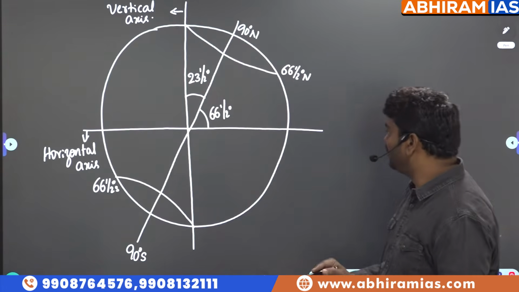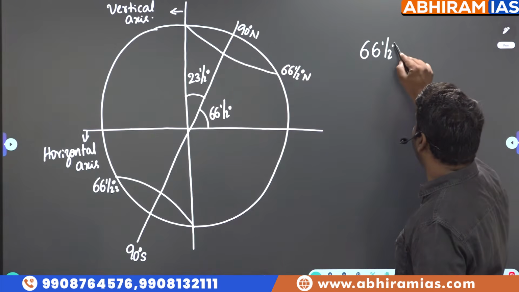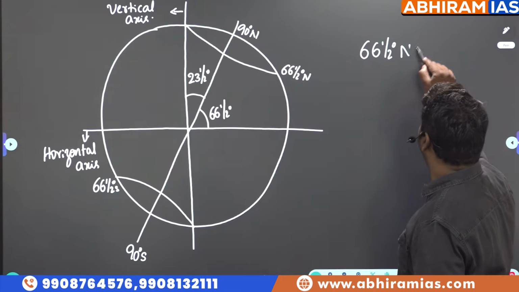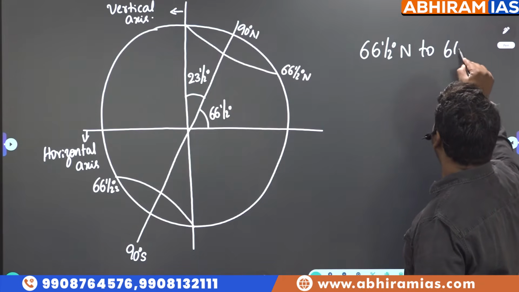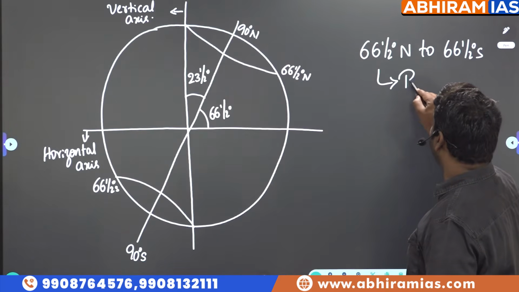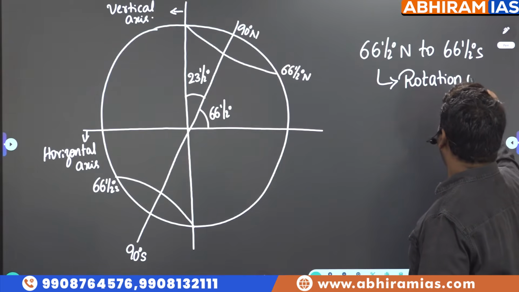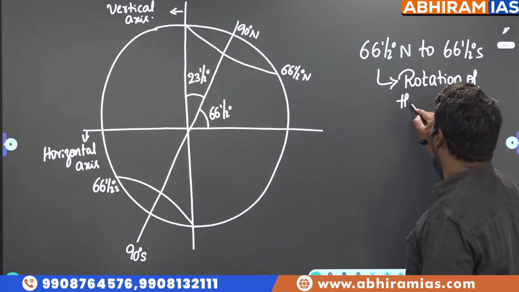So revolution when we are taking, from 66.5 degree north to 66.5 degree south, day and night is due to rotation of the Earth.